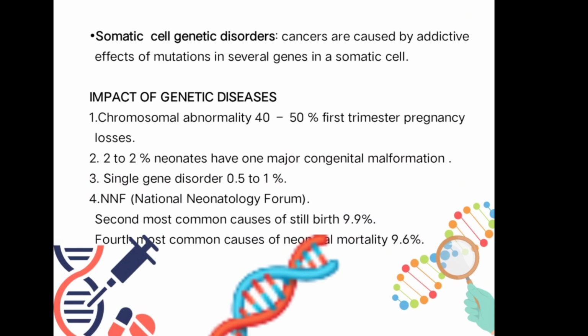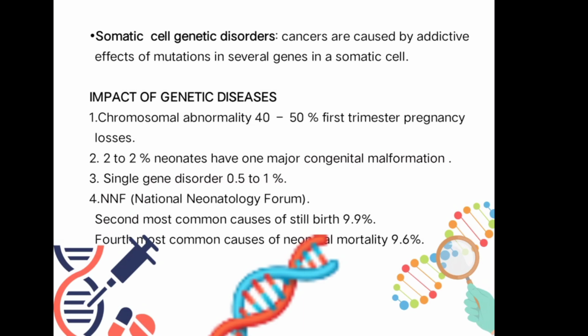According to the National Neonatal Forum, genetic disorder is considered the second most common cause of stillbirth, about 9.9%, and the fourth most common cause of neonatal mortality, about 9.6%.